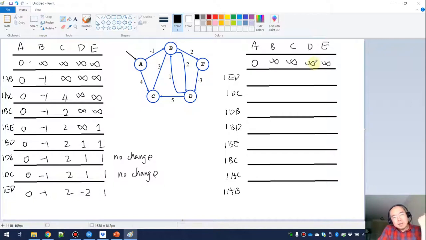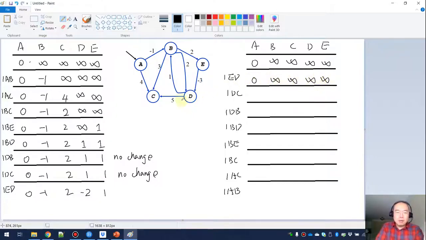So what does that mean? This means we don't know how to get to E yet. And then we know there is a path from E to D. And then since we don't know how to get to E, we don't know the cost of the E, and then we can't infer what is the cost of the D. So in this case, I'm sorry, there's no change. So I just want to copy everything down here.